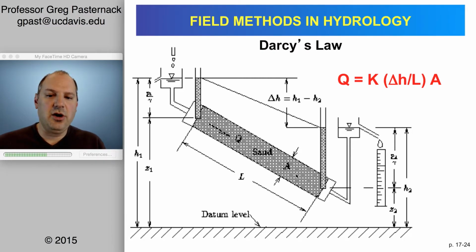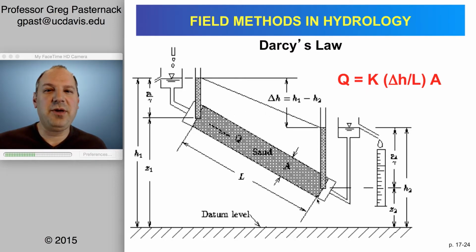Well, it's no different here, except here the slope is expressed by this dH over the length that it's moving, just like how slope is the change in water surface elevation in a river, which is also a hydraulic head. So we have dH/dL.